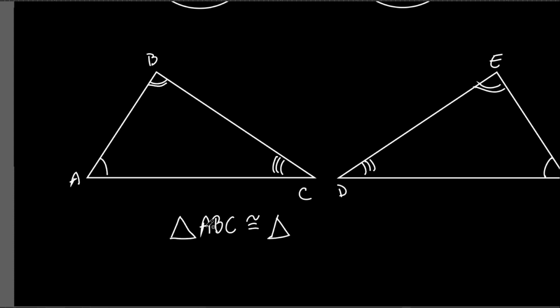So which one matches up with the A over here? So the F has to go first. Which one matches up with the B over here? The E. So the E has to go second. And of course, what else is left? The D. See, the C and the D match up. That's super important for showing congruency statements. And I'm going to have problems on the test and the quiz where you have to write a congruency statement.